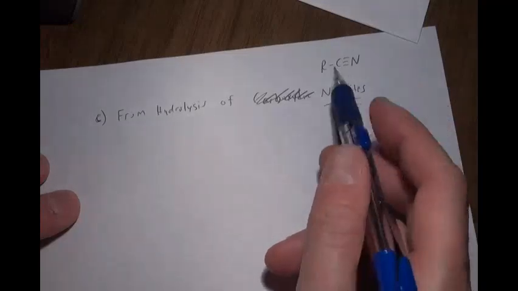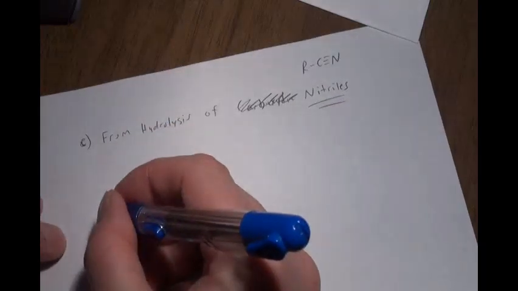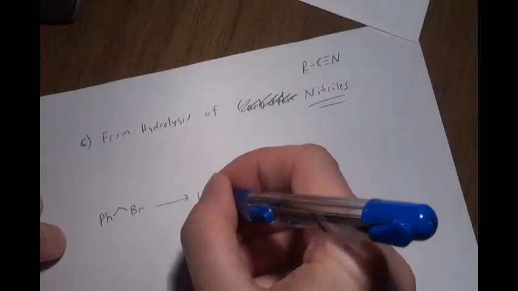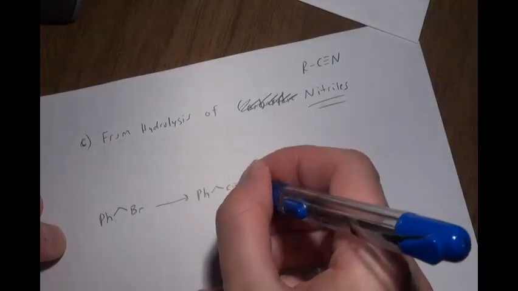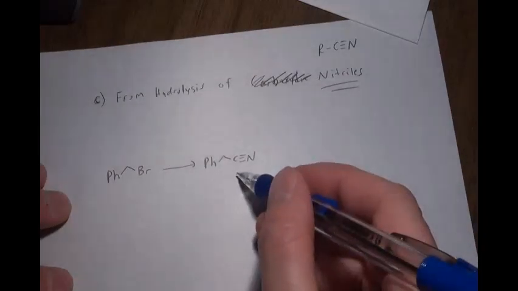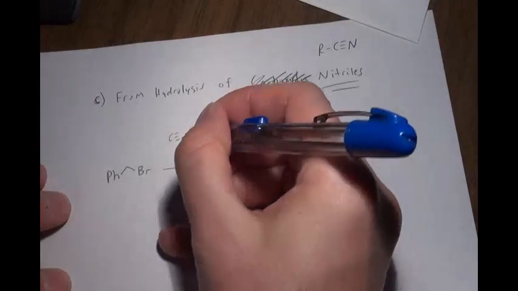So 3 bonds to nitrogen to 3 bonds to oxygen. Let's see an example. And let's also quickly review, how do you make a nitrile? An easy way to do it is SN2, right? So it's C triple bond N.